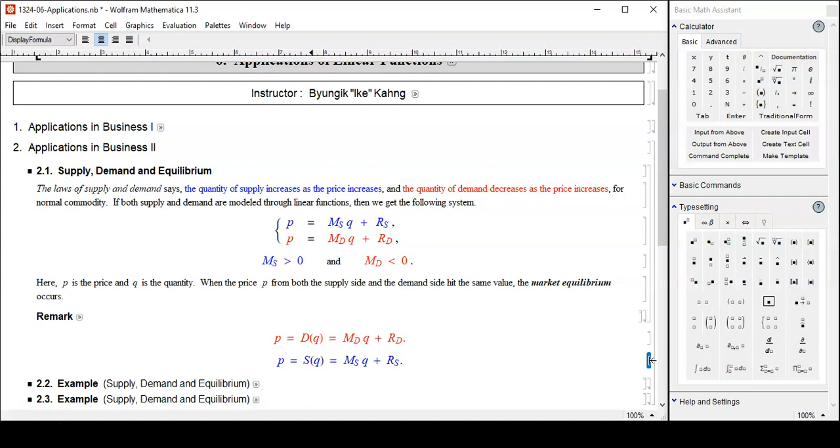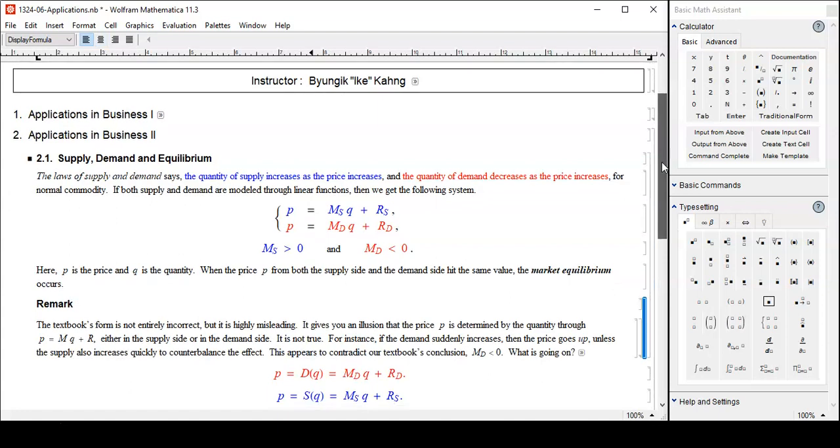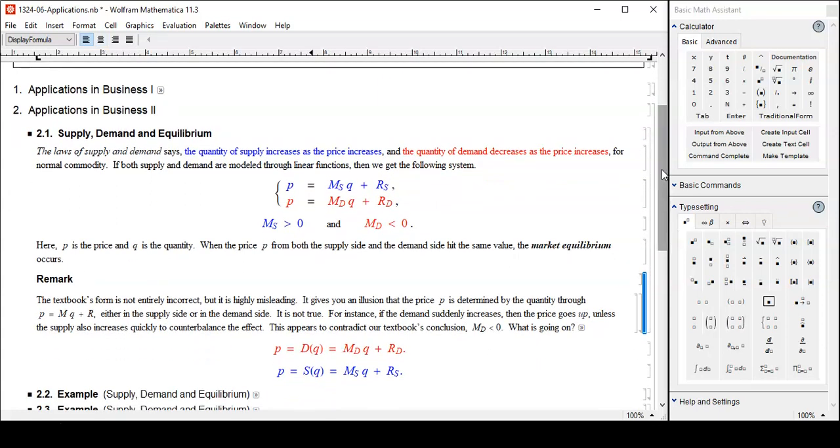Looks everything is okay, but is it really okay, or is there something wrong? Think about this. Let's consider this. It looks like price is determined by quantity. Okay, all right.